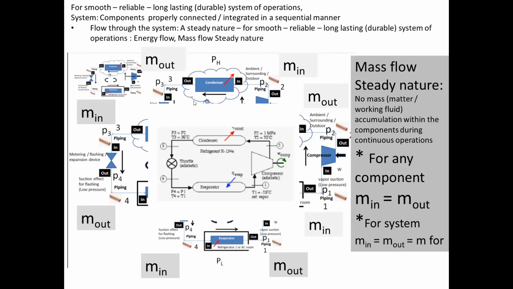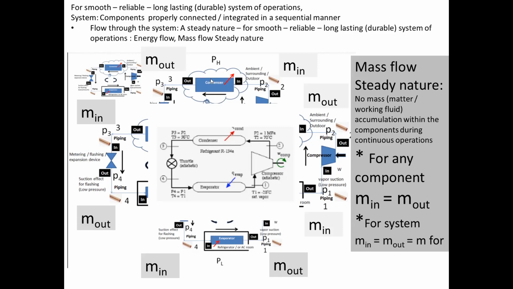So here, evaporator, when mass M in, the M out also should be an equal amount of mass. So even for condenser, M in is M out. So when M in for the flashing device, there should be an equal amount of mass out here. So no chance for mass buildup inside.